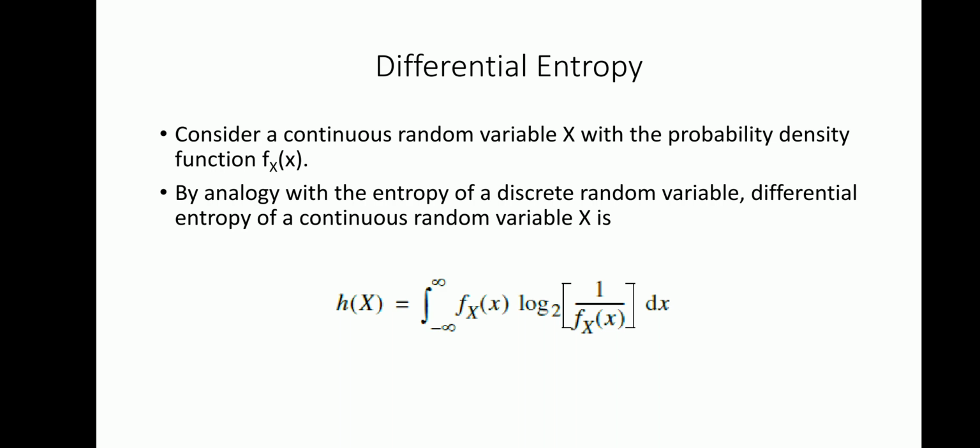So according to this, the differential entropy h(X) is the integral from minus infinity to plus infinity of fX(x) log of 1 by fX(x) to the base 2 dx. So that's our differential entropy.